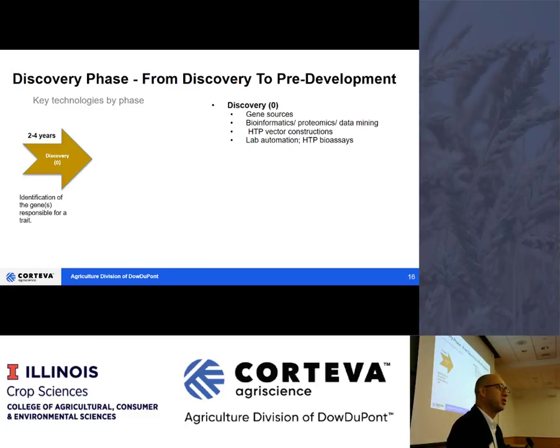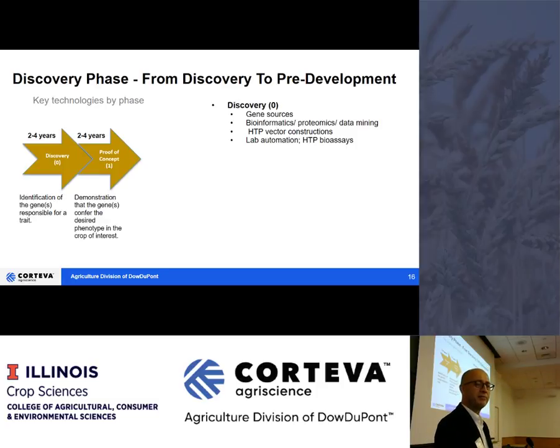And when you are testing thousands and thousands per every target that you have, then you have to have also high throughput bioassay technology, the assays that have been developed for all the different pests that we have, and we put all our genes through each one of those bioassays so we don't miss anything.